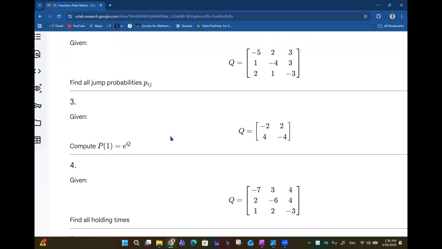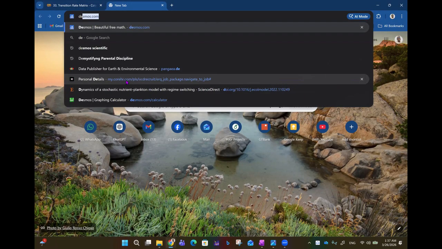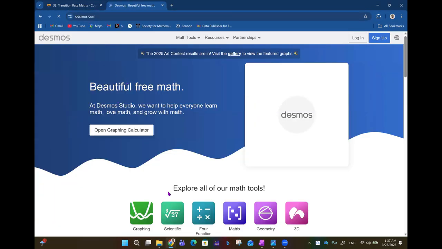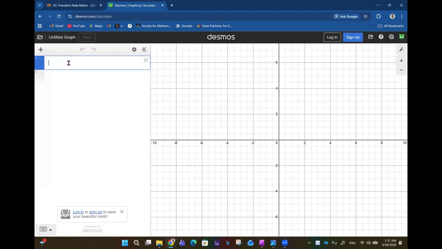So given Q is minus 2, 4, minus 1, compute P1, that means e raised to the power Q. We can easily do that using code, right? Let me see if Desmos can do it, just want to try, because that's a matrix exponential, right?